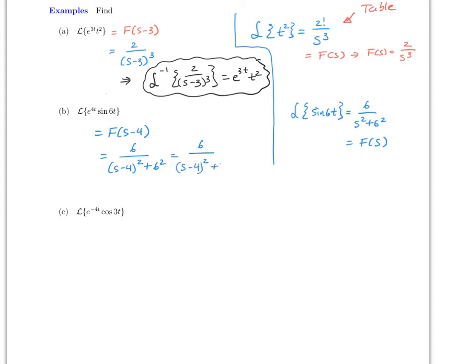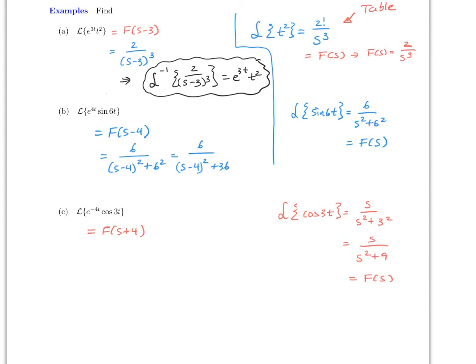So in a similar way, remember that the Laplace transform of cosine 3t was equal to s over s squared plus 3 squared, or s over s squared plus 9. And this is what we now call F of s. So therefore, this one should be F of s plus 4 now.